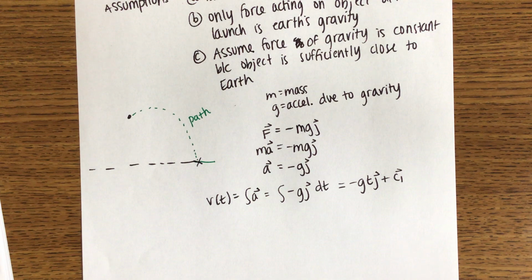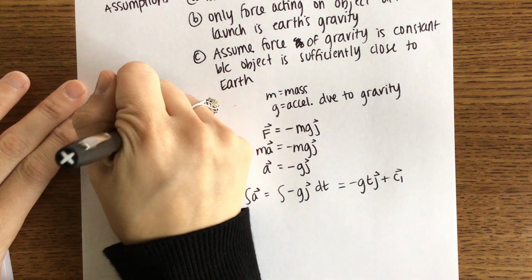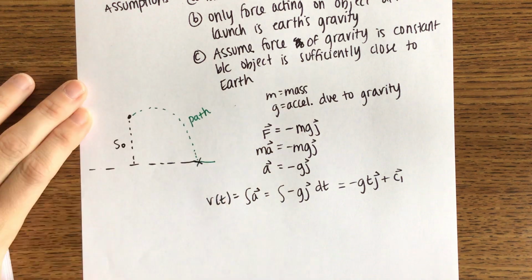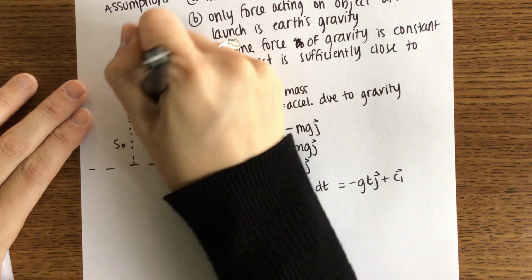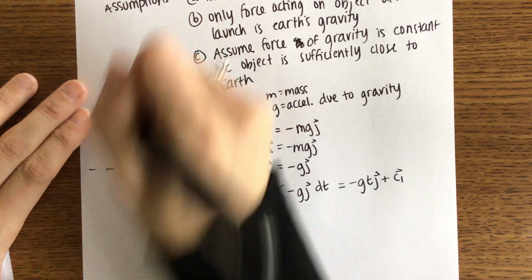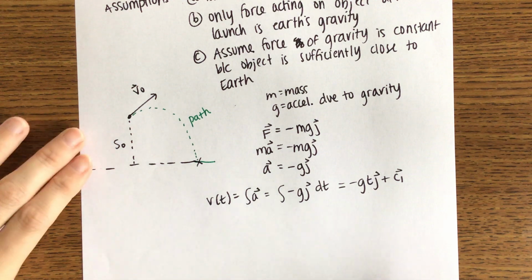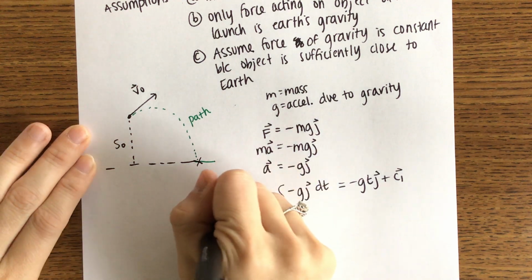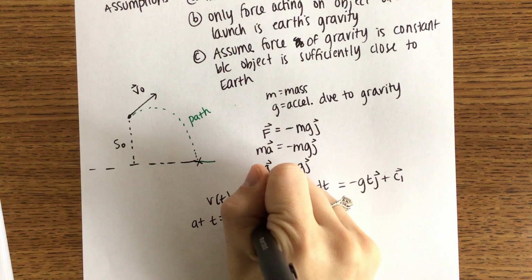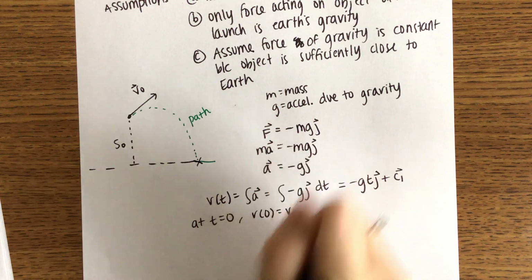Now there are a few things we know on this figure that I haven't written yet, a few things we need to take into account. One is the initial height. That has to do with position, so that doesn't help us yet. And then we have the initial velocity. That is what's going to help us now to find c1. So we know at t equals 0, the velocity is v sub 0.